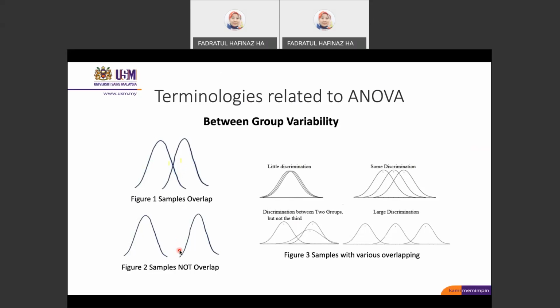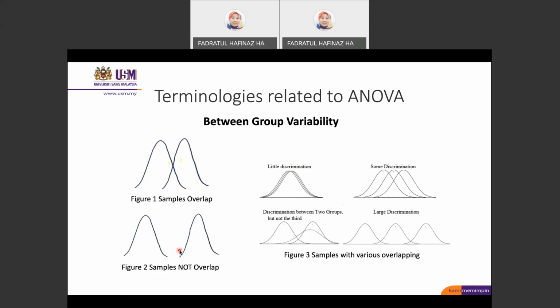The difference between the individual means and grand mean would therefore also be significant. Such variability between the distributions is called between group variability. It refers to variation between the distributions of individual groups or levels.